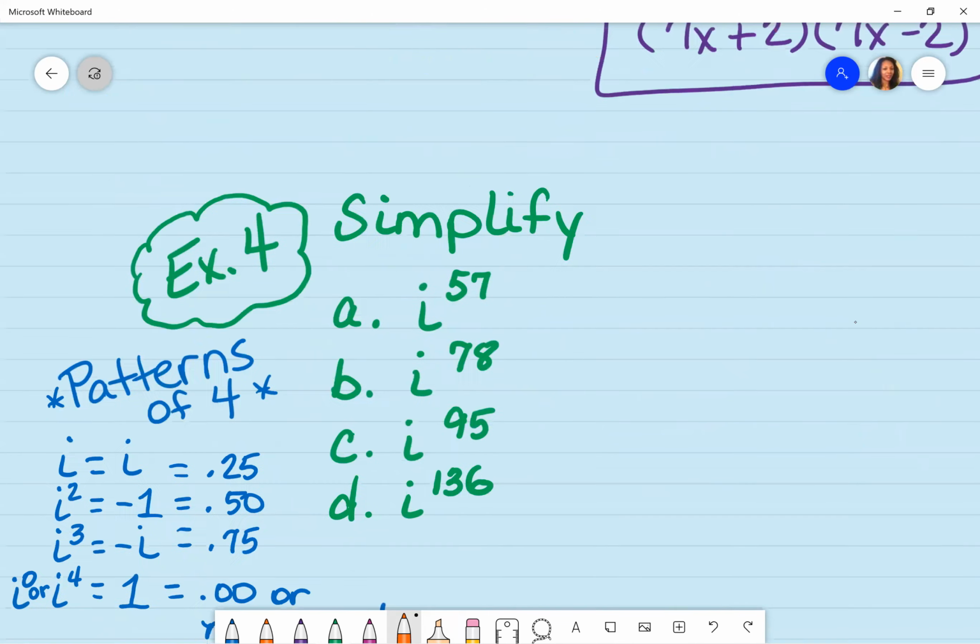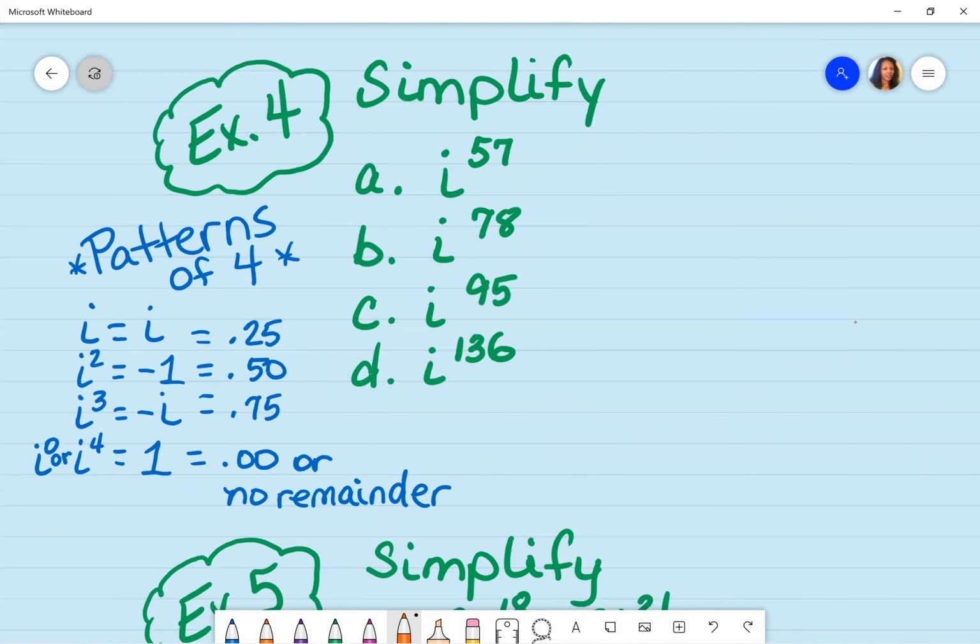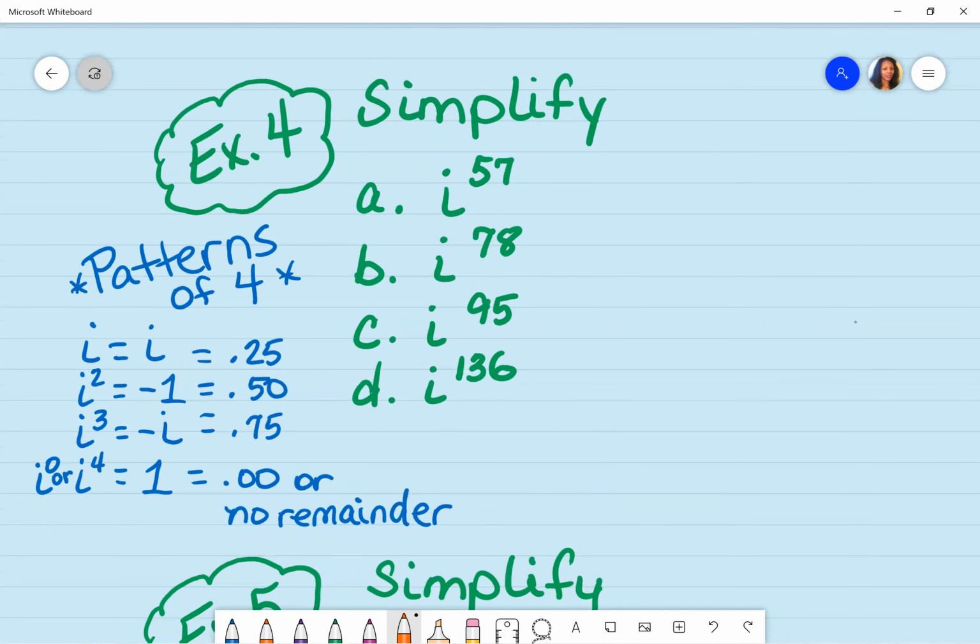All right, let's go to the fun part. I know how much you want to know how to simplify i's using your calculator. So first, know that if your calculator does not give you the exact answers that you're about to see with this calculator, you can always just take your number, and since it's patterns of 4, you can divide by 4. And if this is your decimal portion, it correlates to this. 0.0 means basically it's a whole number.